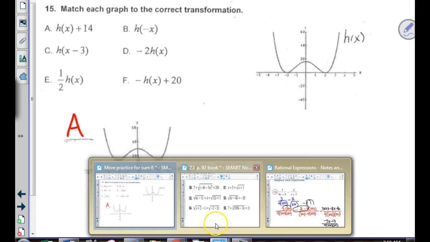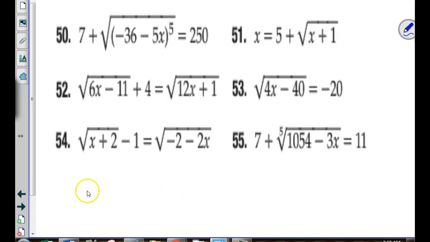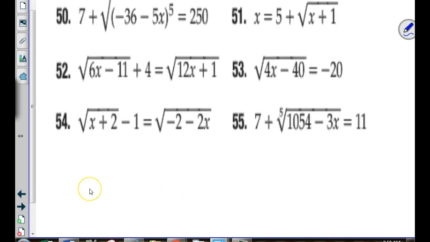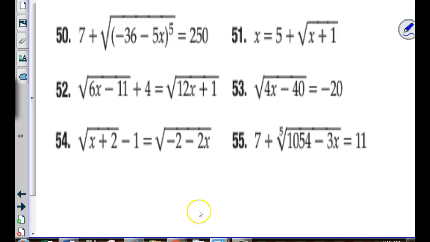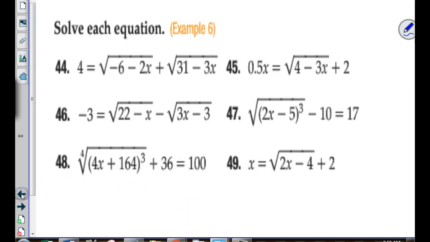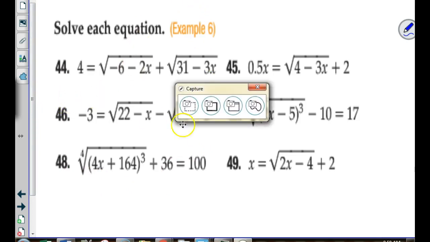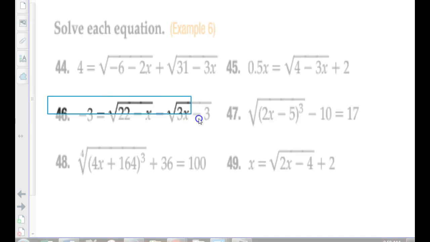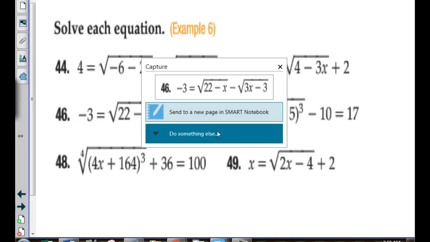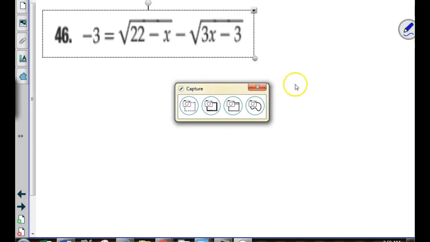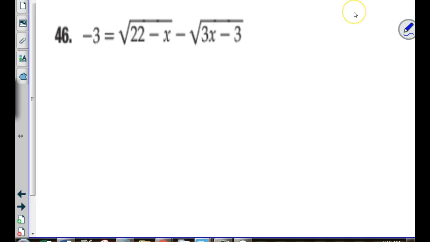Okay, I'm really more than willing to do a question or two off this 2.1 bookwork if anybody wants me to do one. Yes, Mackenzie? Okay, 46 is miserable, and part of me just wants to tell you to skip it, but I'm going to do it because I assigned it originally.